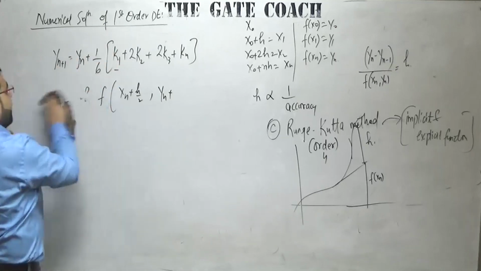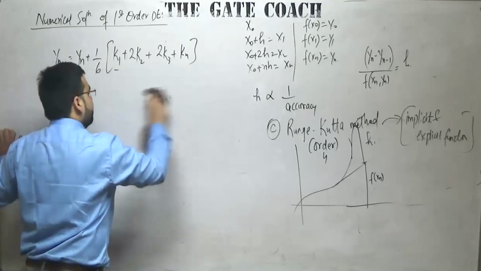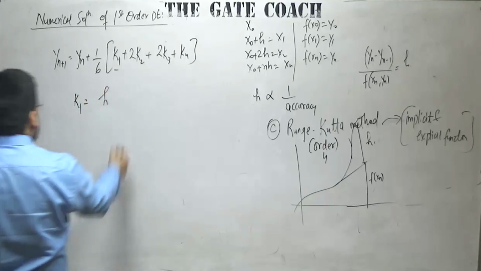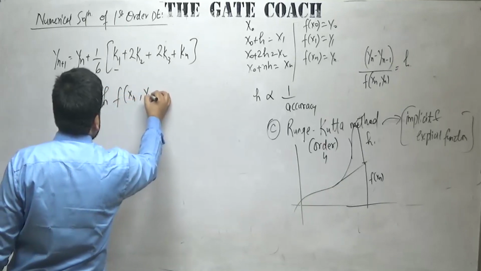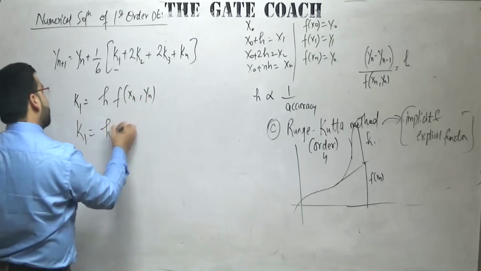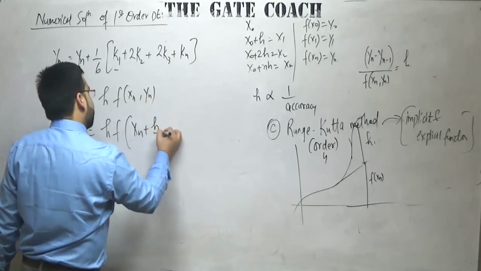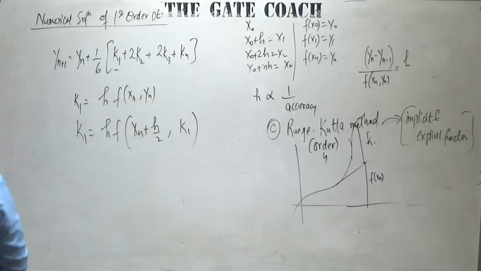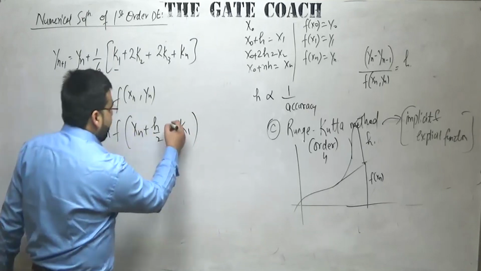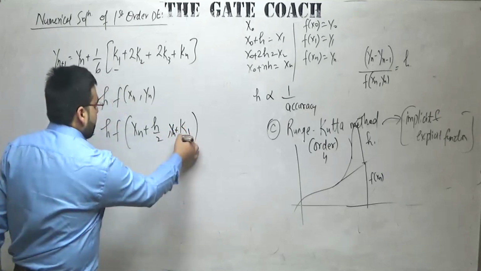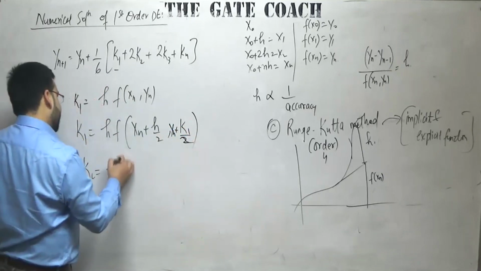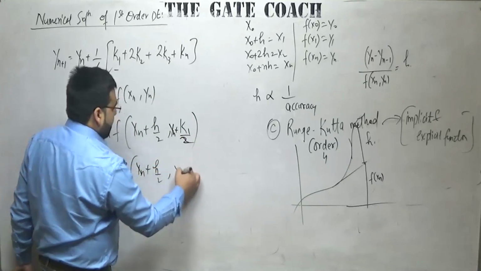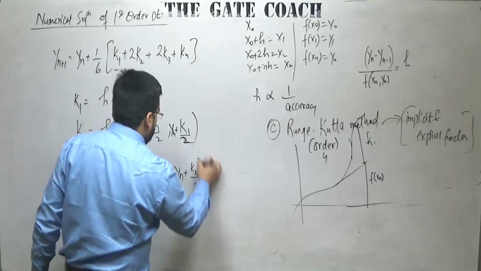First of all, I have to calculate k1, then k2. k1 is h f of xn, comma, yn. k2 is equal to h f of xn plus h by 2, comma, yn plus k1 by 2. Clear? Then k3, again the same thing, h f of xn plus h by 2, comma, yn plus k2 by 2.